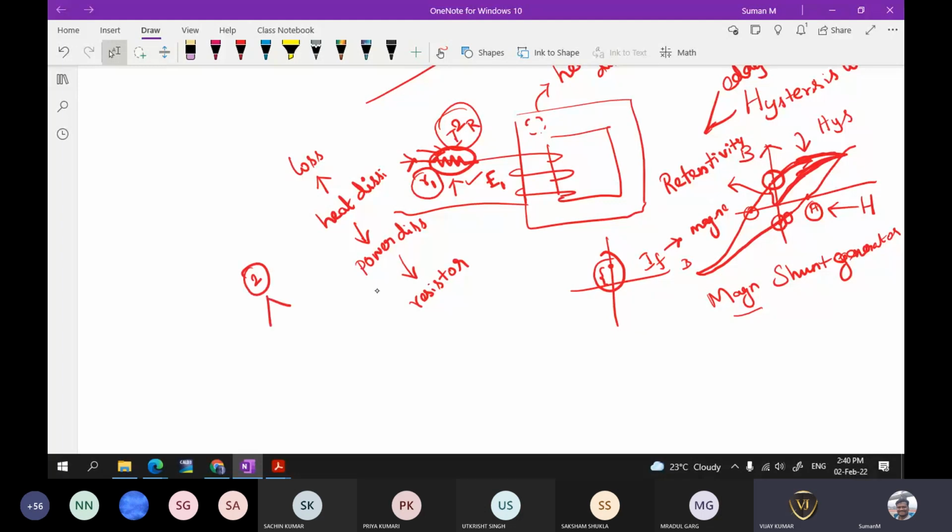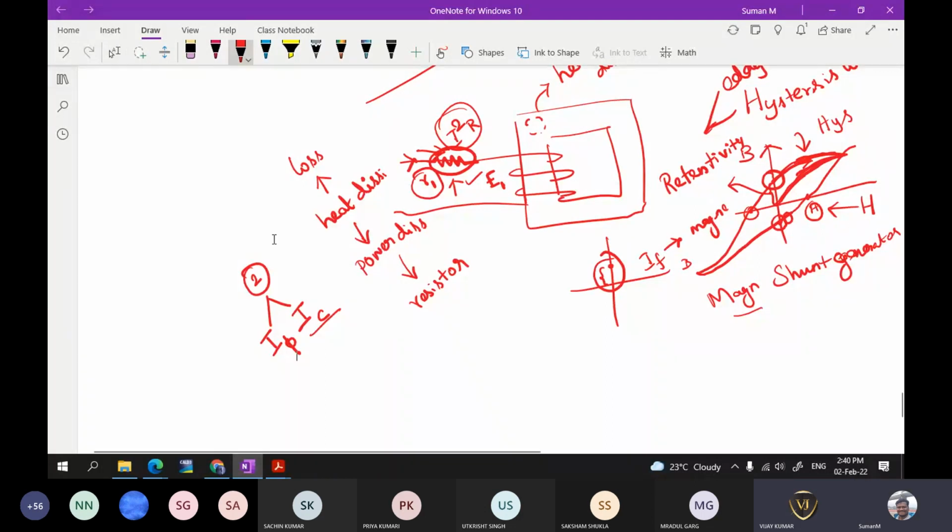One current is going to establish the flux, that is given by I5, and there is one current which is responsible for the losses. We just consider that there is some loss, and for that loss we represent it as IC.